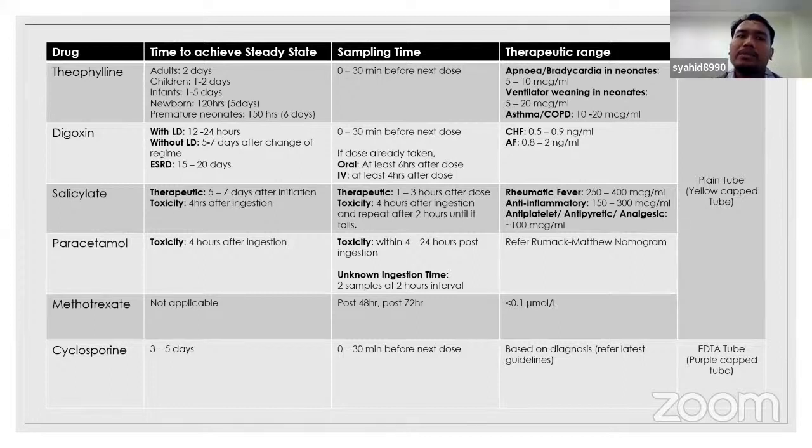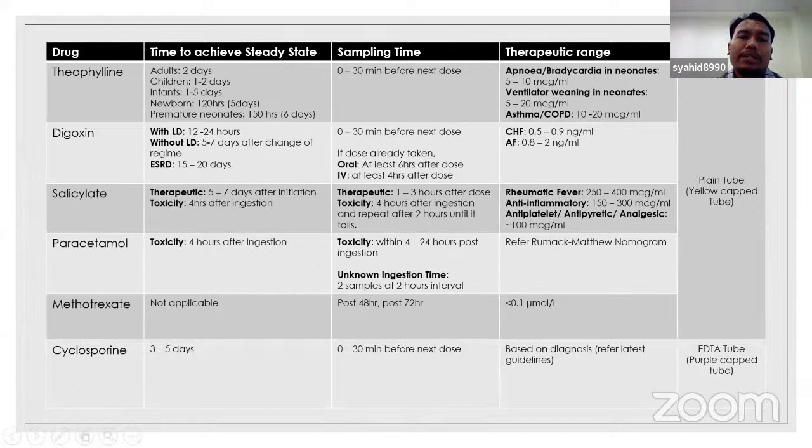Our target is to achieve the level below 0.1 micromole per liter. If the level does not fall to the target range, we will continue to monitor every 12 hours afterward. And while waiting for the level to fall, we will give a folic acid rescue.